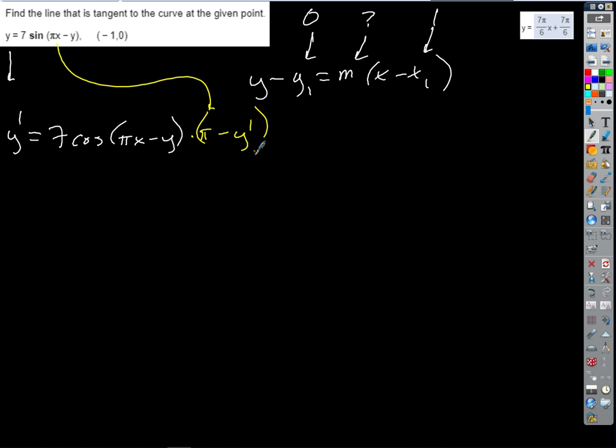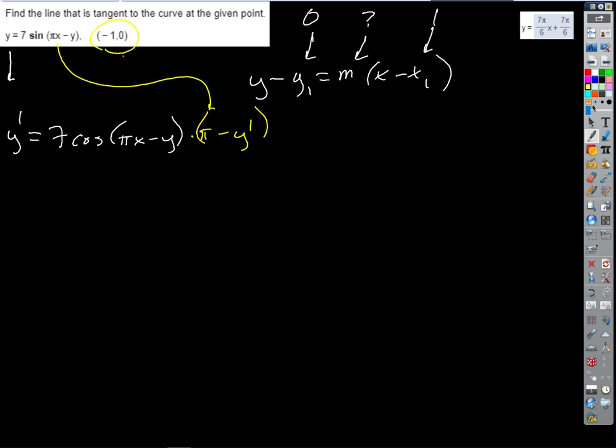So this is one where, being as all I really want is the slope of a tangent line, wouldn't it make more sense to just plug in the values first and then solve for y prime? You can do it either way. We don't really need to know what y prime is in terms of the function, just a specific value of the derivative right there.